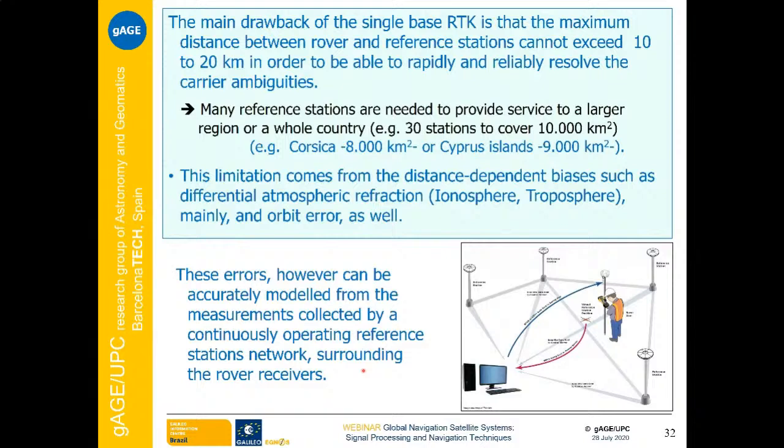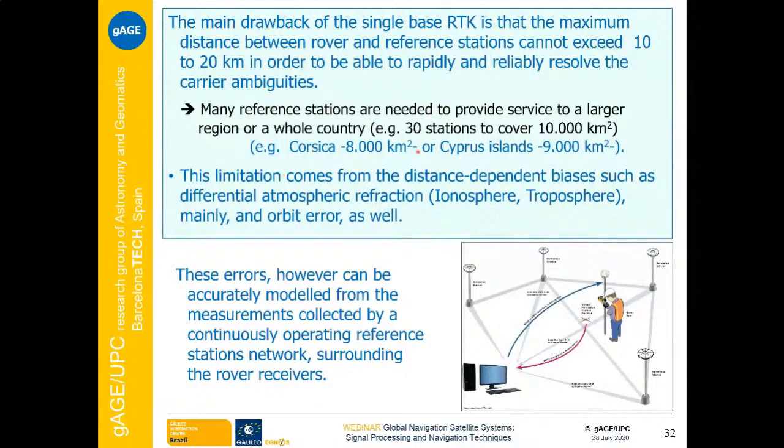The residual error becomes large, and then the ambiguity fixing does not work properly. This means that if we have to cover a wide region or even a country, we will need a large number of reference stations.